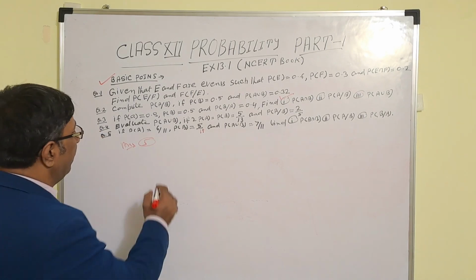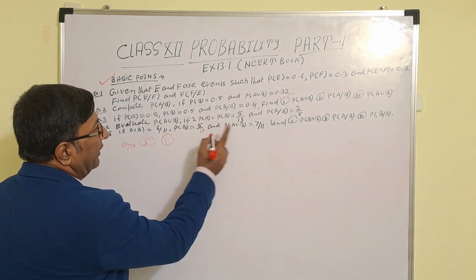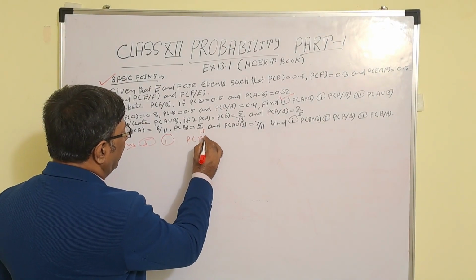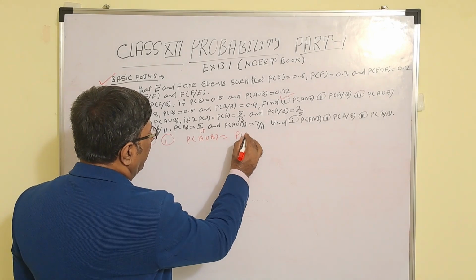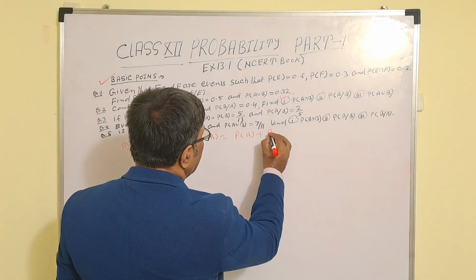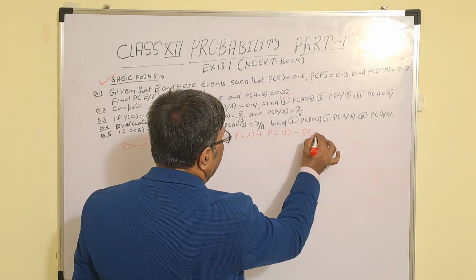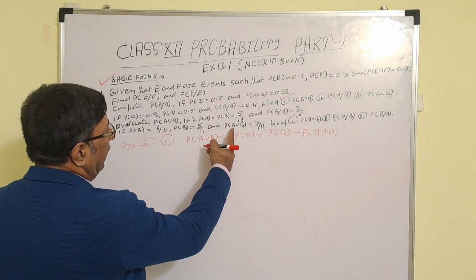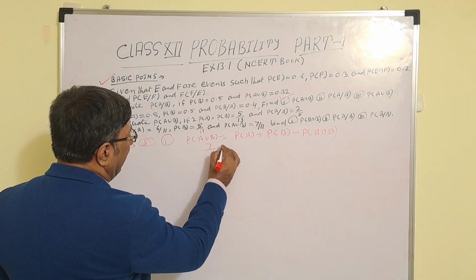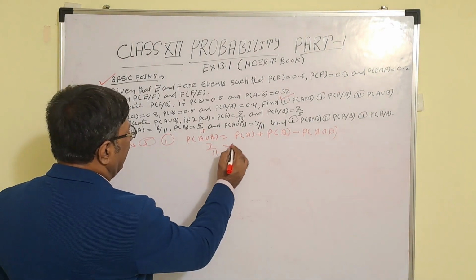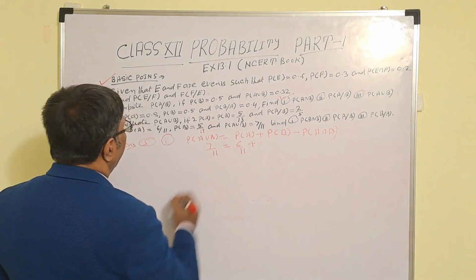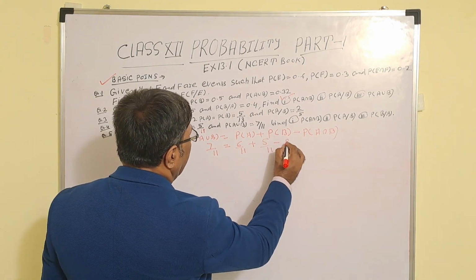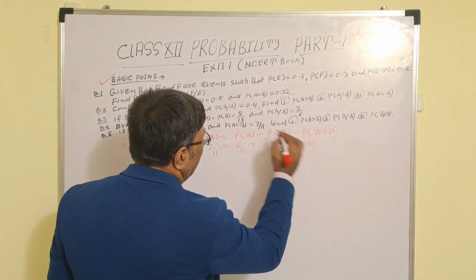So first, in the first part, we have to find probability of A intersection B. We know probability of A union B equals probability of A plus probability of B minus probability of A intersection B. A union B is already given as 7 upon 11, probability of A is 6 by 11, probability of B is 5 by 11, and probability of A intersection B we have to find.